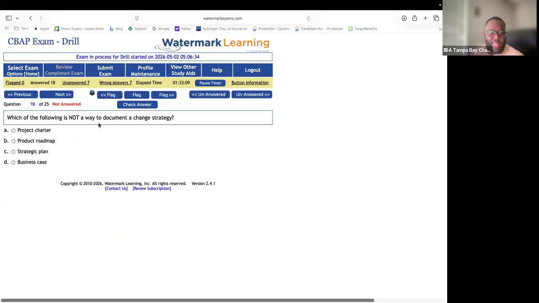Which of the following is not a way to document a change strategy? Project charter, product roadmap, strategic plan, business case. And remember, it is not.